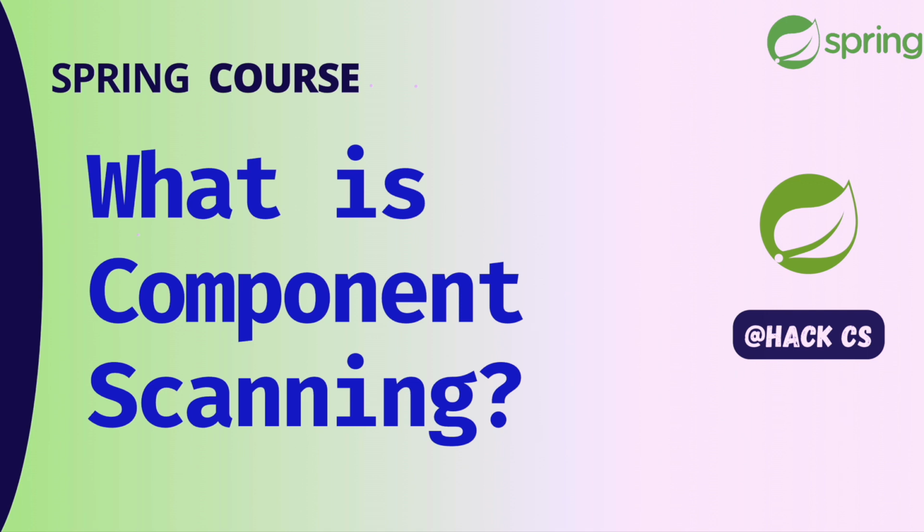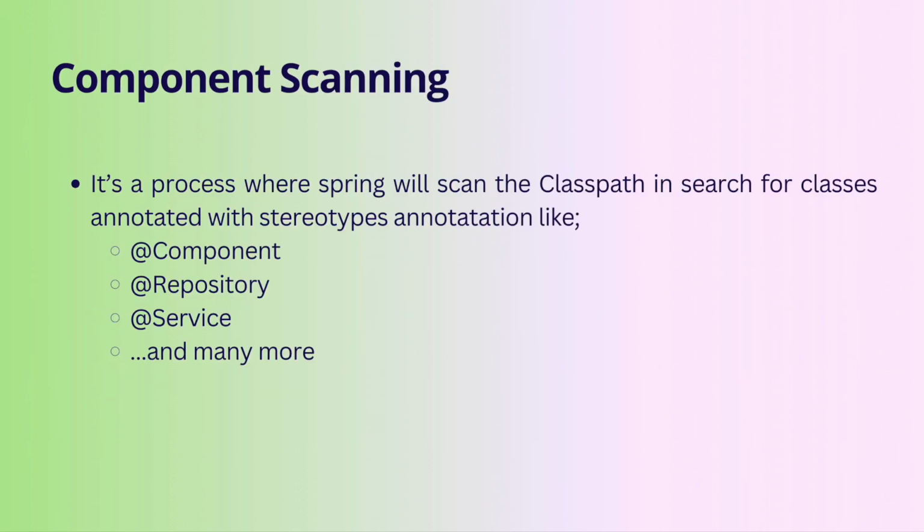It's very simple. You have used it, but you don't know the definition of it. So what is component scanning? Component scanning is a process where Spring will scan the class path in search for the classes annotated with stereotype annotation. So in Spring we have used a couple of annotations, right?